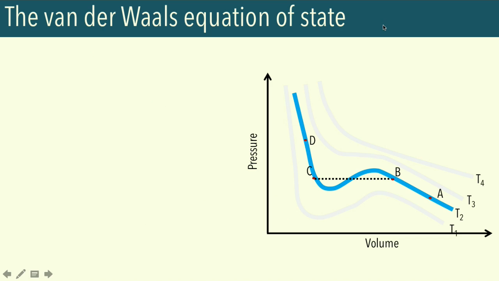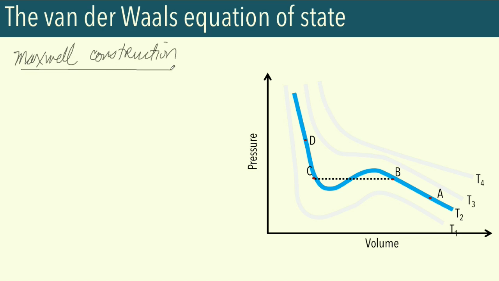So what we need to do here, let's focus on isotherm T2, is that we add these correction lines here. Instead of having this curve here, this upward slope that is positive, we add a so-called Maxwell construction.